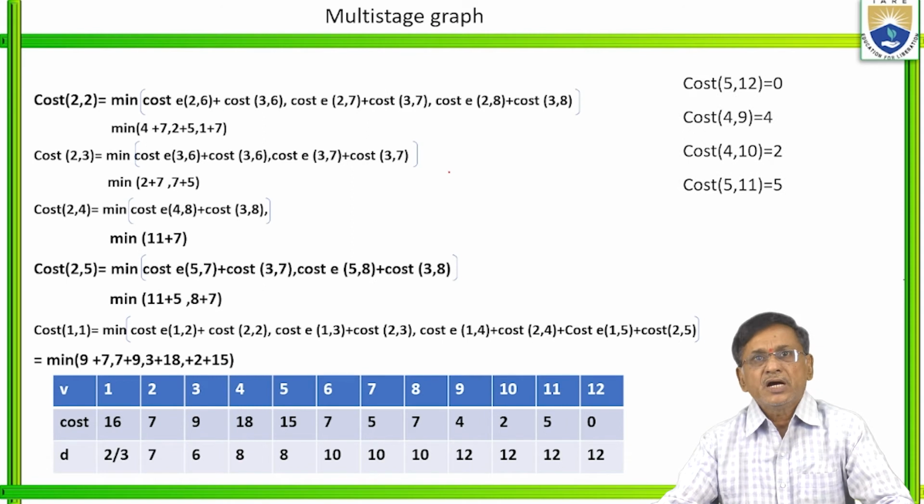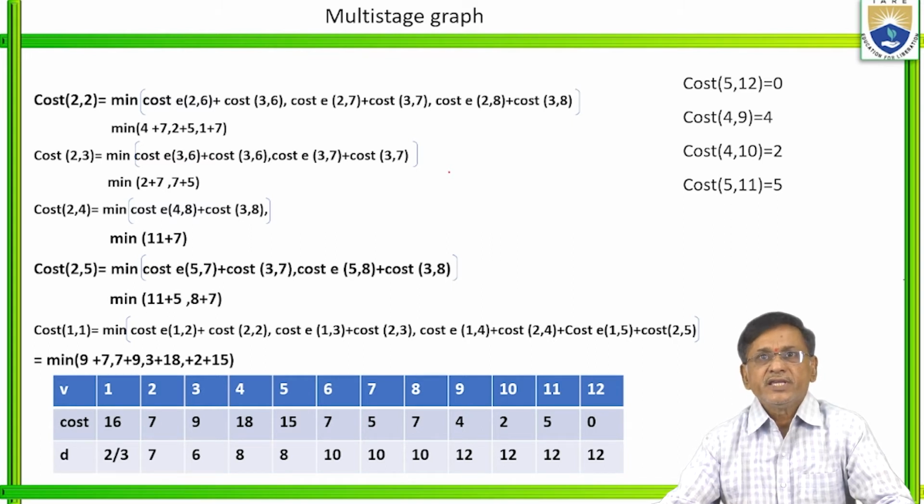Now you see the cost of vertex 2 in stage 2 is equal to the minimum of cost of edge (2,6) plus cost of vertex 6 in the third stage, cost of edge (2,7) plus cost of vertex 7 in the third stage, and cost of edge (2,8) plus cost of vertex 8 in stage 3.